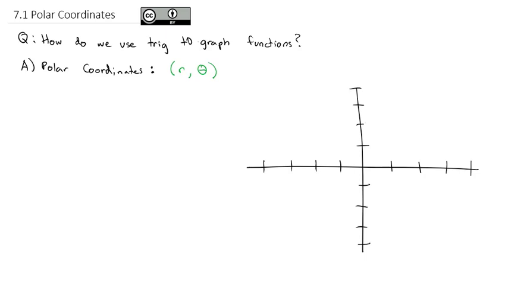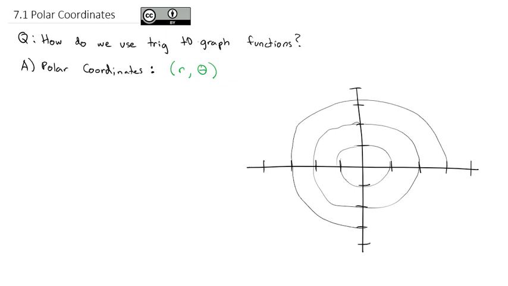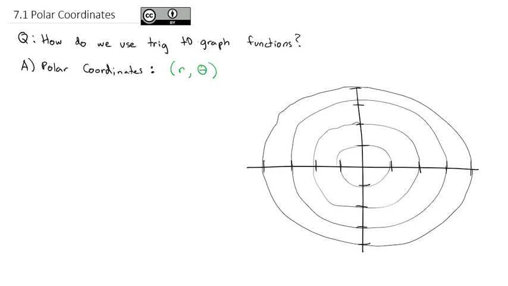But instead of thinking about this as a rectangle where you go right and up, now these are actually going to be circles of radius 1, a circle of radius 2, and a circle of radius 3. It's a really bad circle of radius 3, but you get the idea. And a circle of radius 4, and so on. So these are circles going out from the origin. And the only axis that really matters is the axis off to the right that's going to represent 0.